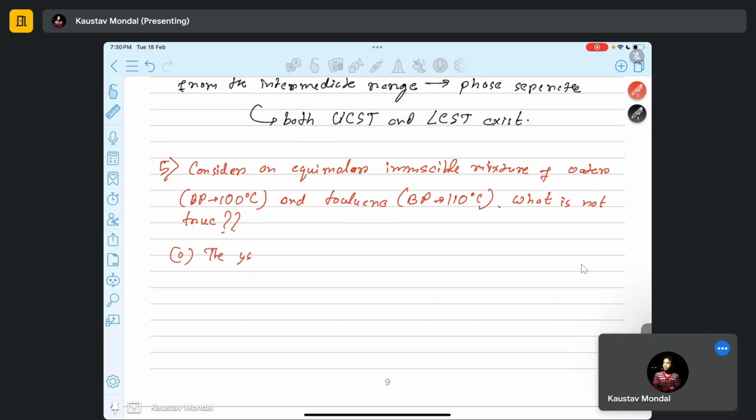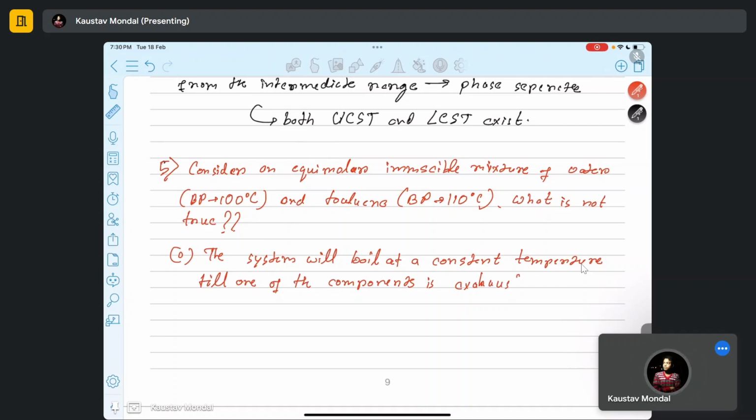Option A: the system will boil at constant temperature till one component is exhausted in the liquid phase.